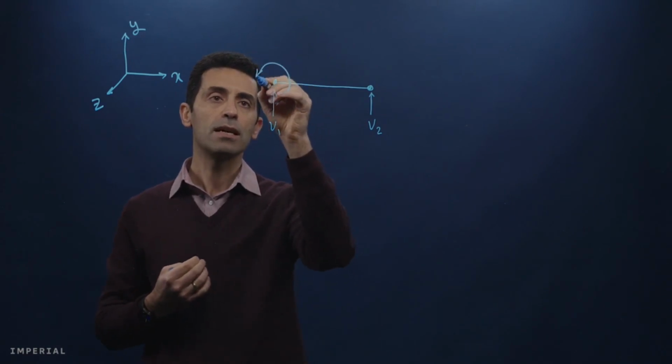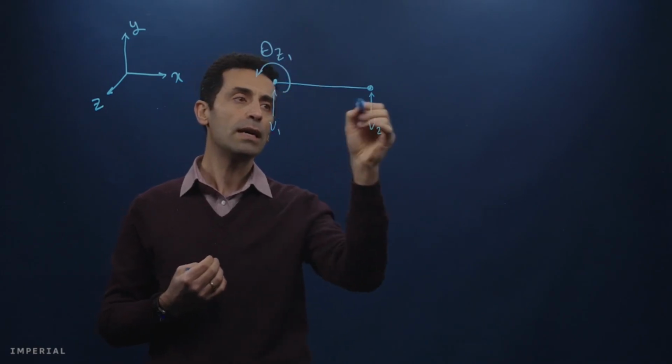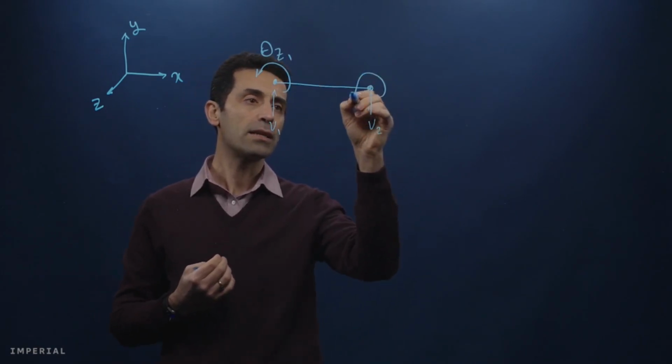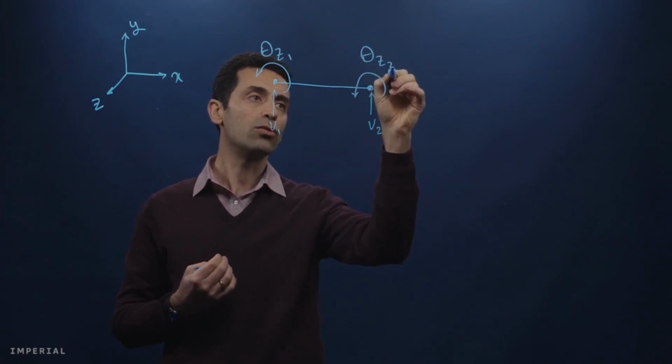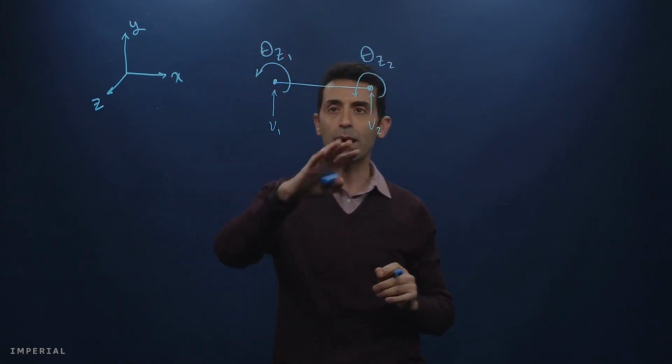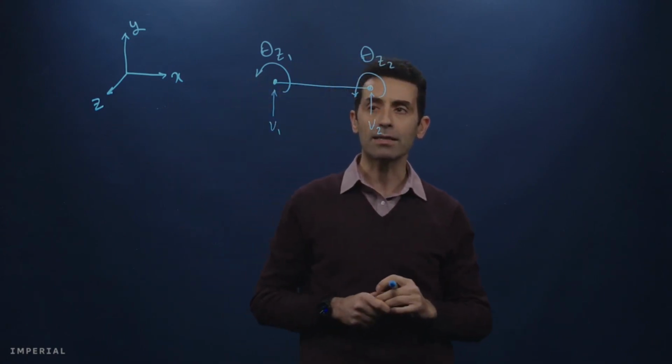So this is what we call theta Z1, and this one is theta Z2. All right, so this is rotation about the Z axis for node 1 and node 2.